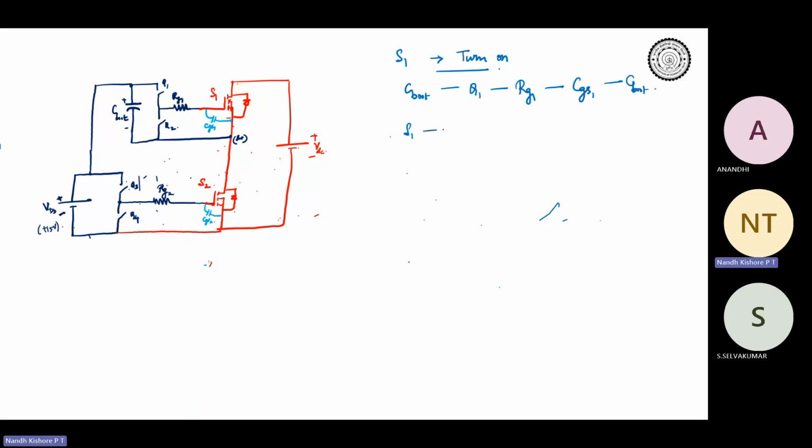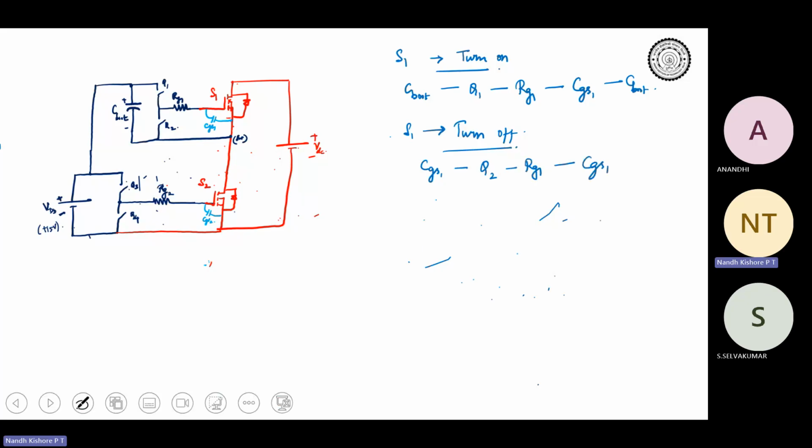And if S1 needs to be turned off, the path is not going to include C boot. It is going to be CGS1, Q2, RG1, and back to CGS1. Do you agree so far with this?